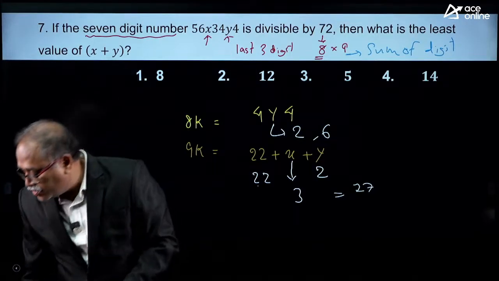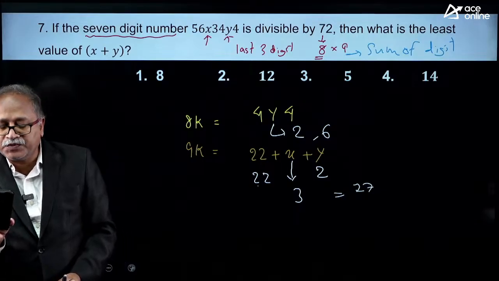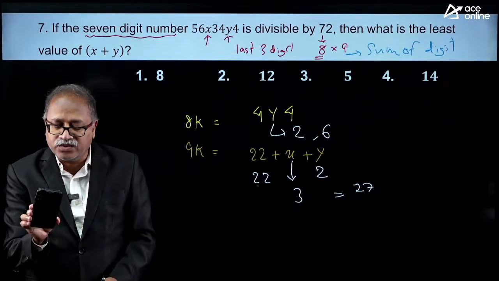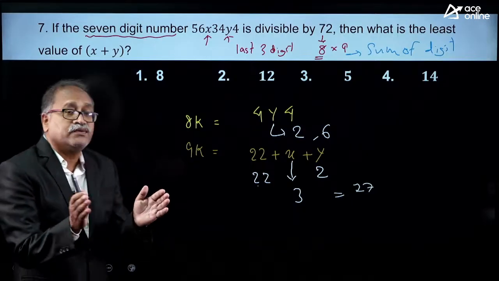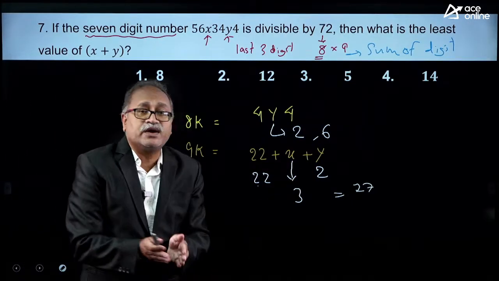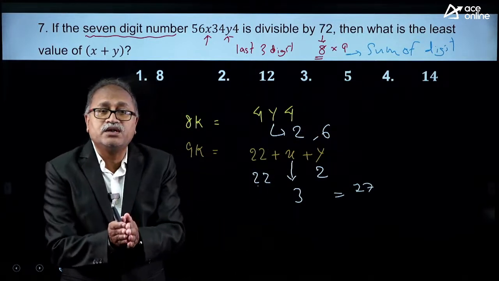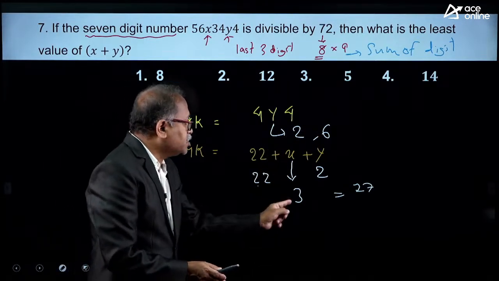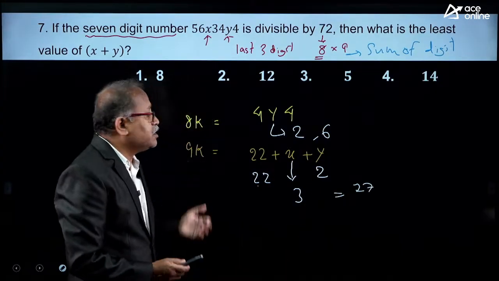Now can you answer the question here? I am just looking for your response, my dear friends, Mr. Naveen, Ms. Anusha and Harsha. What could be the least value of x plus y? I know the least value of y out of 2 and 6 is 2, and the least value of x is 3, so that it is divisible by 9.